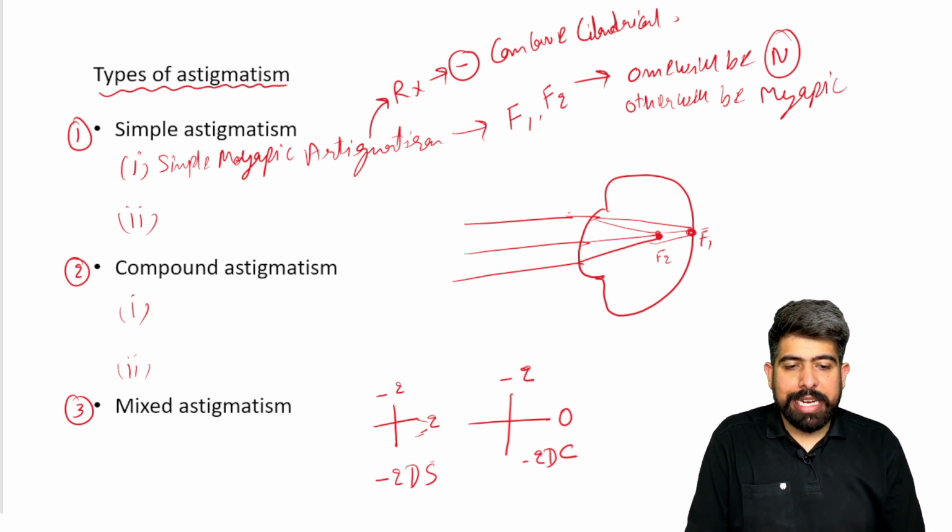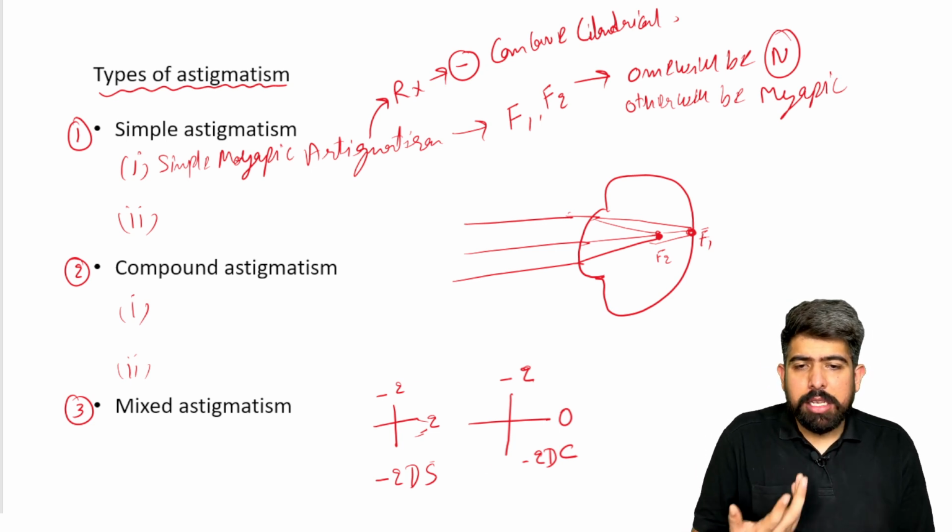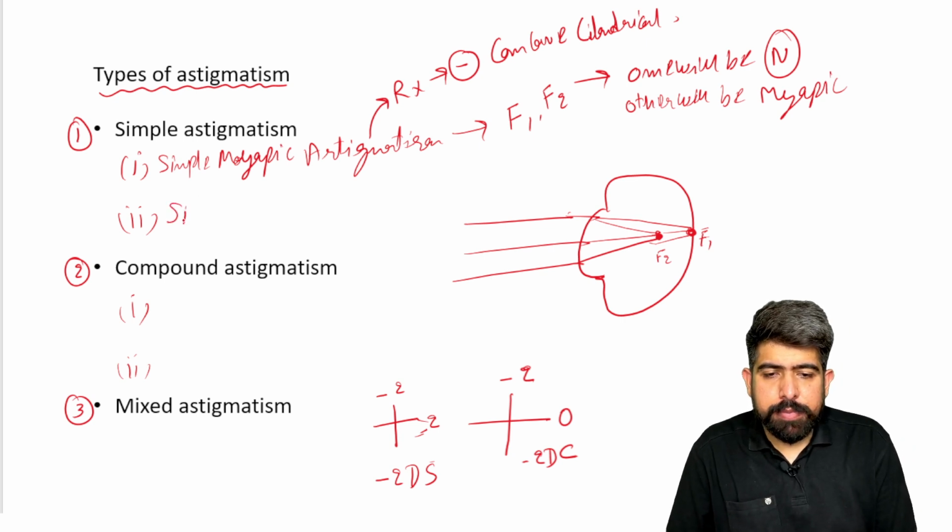Now moving forward, the next is simple hypermetropic astigmatism.